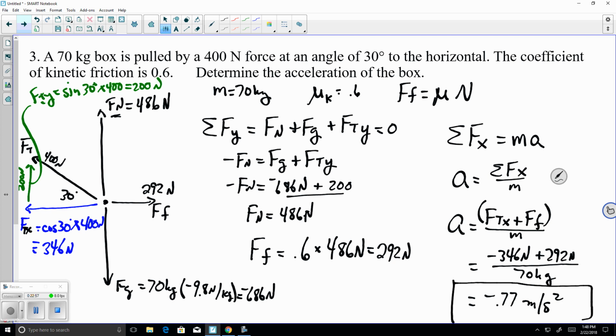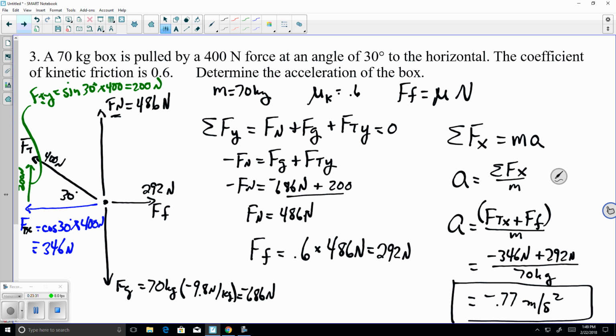Here's my answer for number 3. So, again, the steps: we put in the force diagram. We were looking for the acceleration of the box, which we would normally find with the sum of forces in the x direction, because it was being slid in the x direction, equals mass times acceleration. But to find that, I needed the friction force, and it turns out the friction force depended on the normal force, because we had a coefficient of friction.